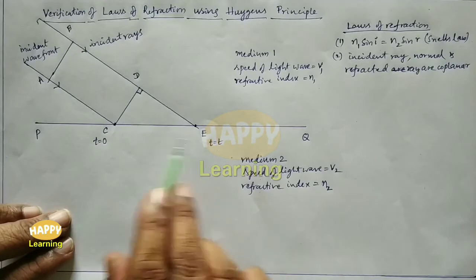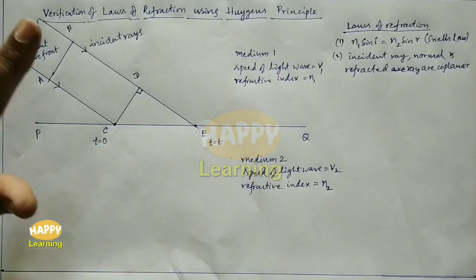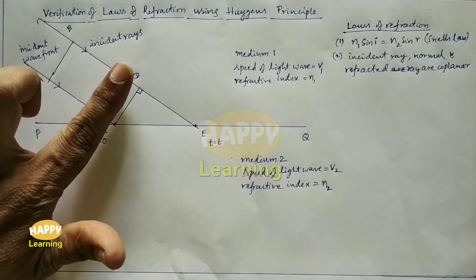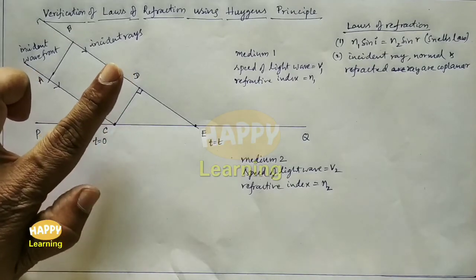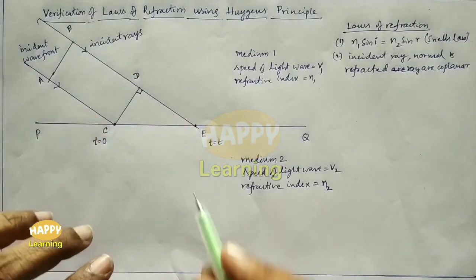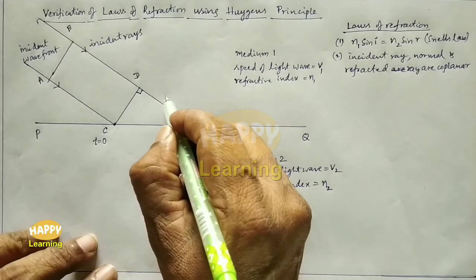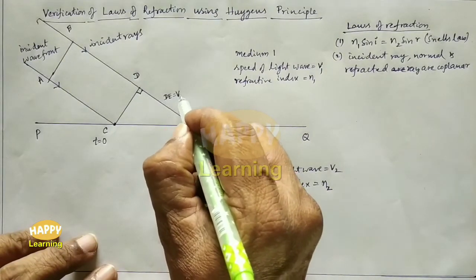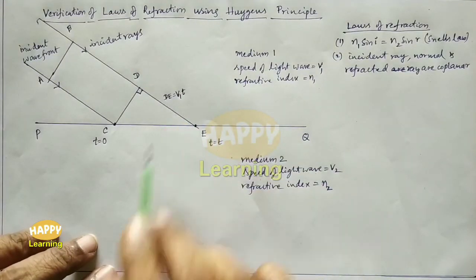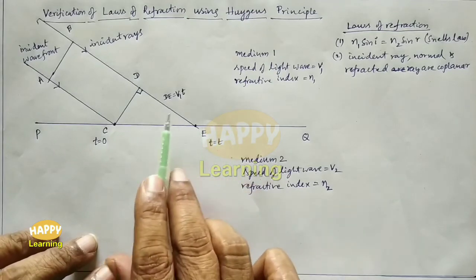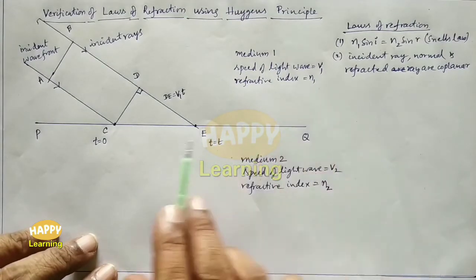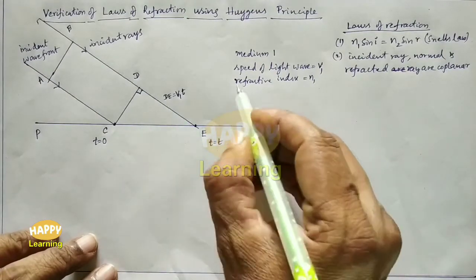So distance DE, here the time is 0. By the time it reaches the point E, time is t, therefore DE is equal to v1 into t, because v1 is the speed here, t is the time taken.